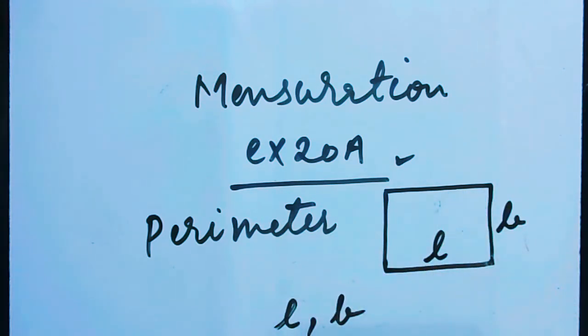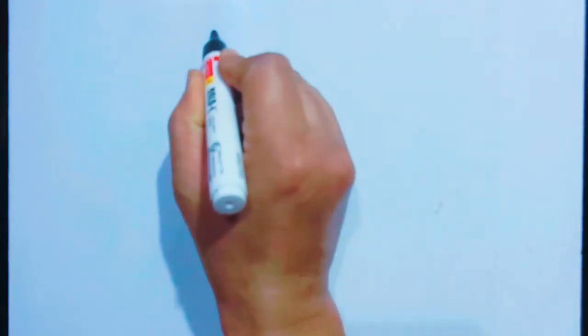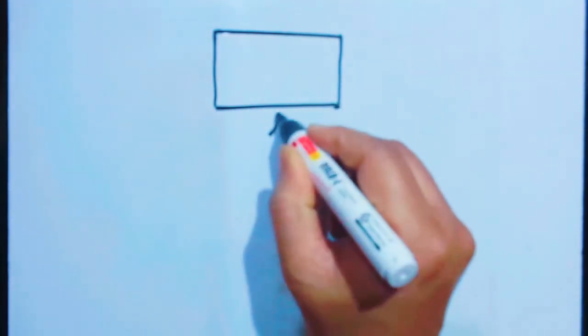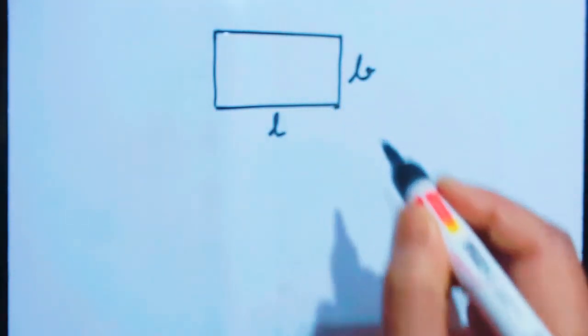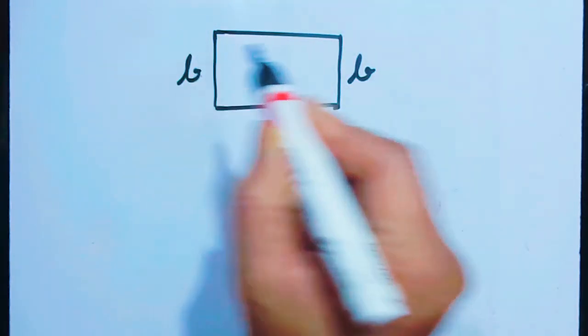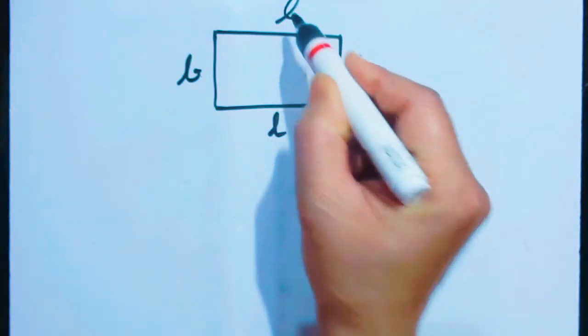Let us talk about the perimeter of a rectangle. So here comes your rectangle, okay? In this rectangle, we have a length and we have a breadth. Don't you see that this breadth is equal to this breadth also, and this length is also equal to this length.